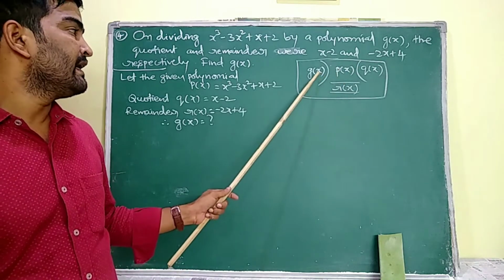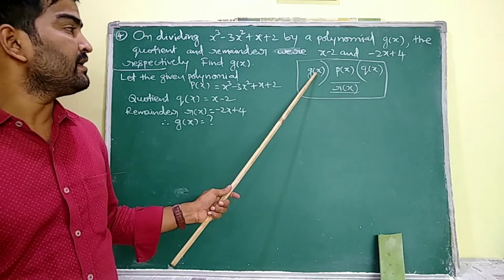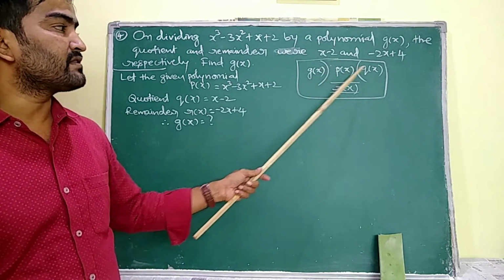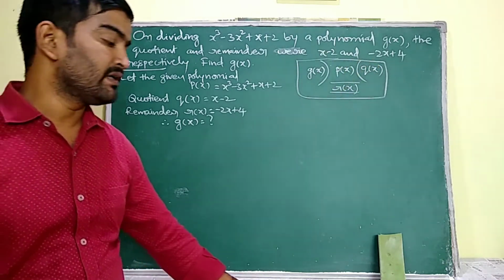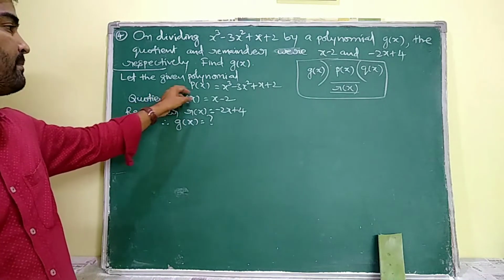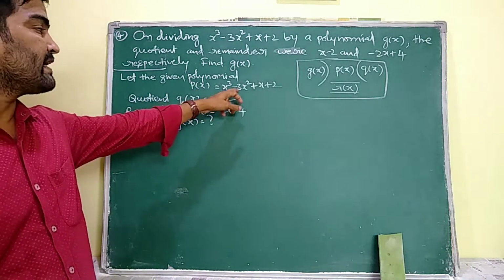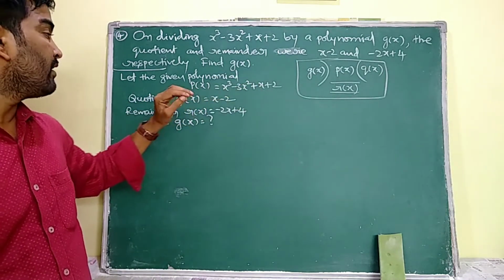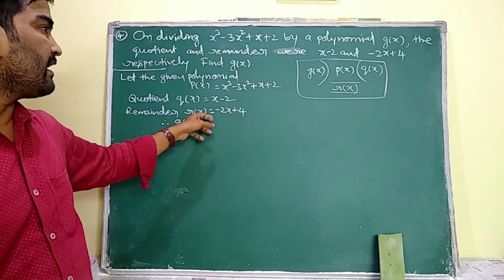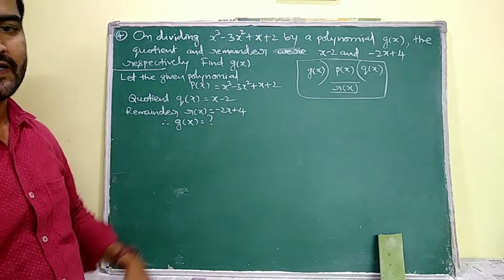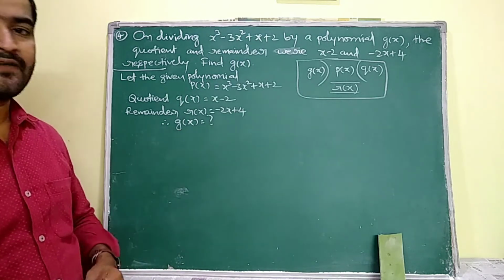Similarly in the polynomials you have to remember g of x, p of x, q of x and r of x. This notation you have to remember. Now see ma, here he gave the polynomial p of x as x cube minus 3x square plus x plus 2, and quotient q of x as x minus 2 and remainder r of x as minus 2x plus 4. Now we have to calculate g of x.